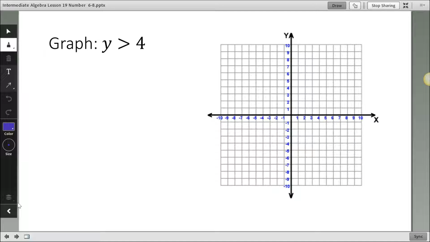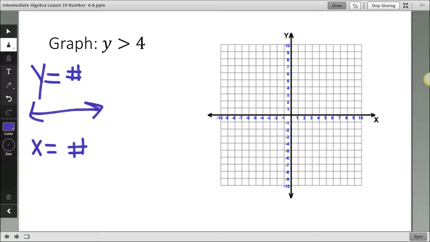Okay, so here, the last two, these are the ones where you have just a single variable. Remember, single variable functions are either horizontal or vertical lines. Y equals a number is a horizontal line. X equals a number is a vertical line.